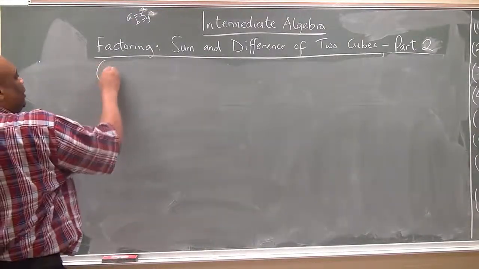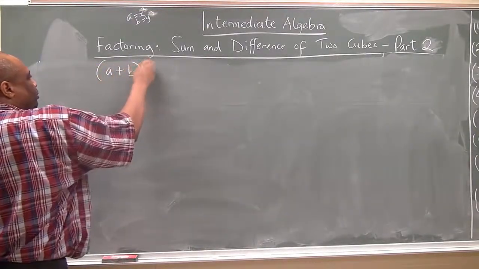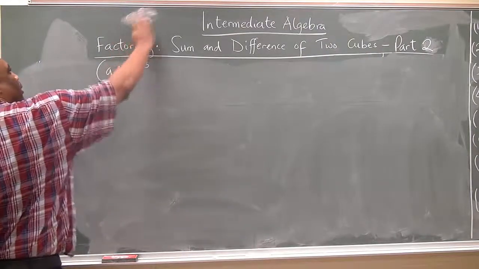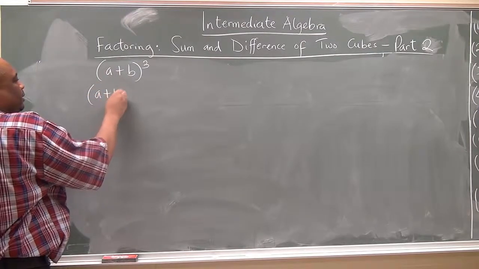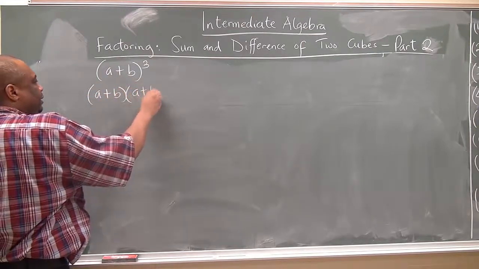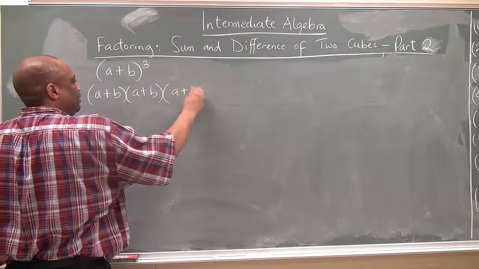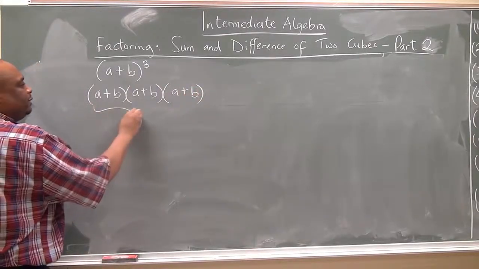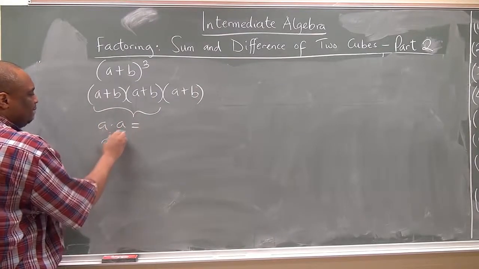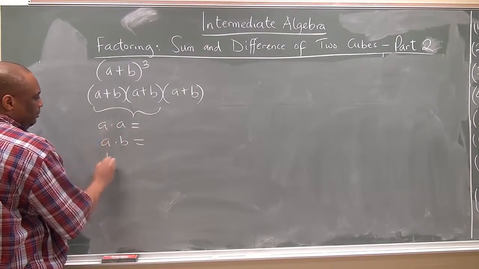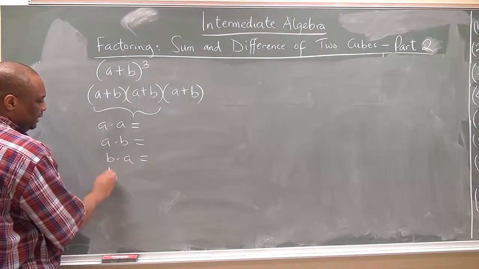So let's start with (a plus b) all cubed. So this is (a plus b) times (a plus b) times (a plus b). Let's do these two first, okay? A times a, a times b, b times a, b times b.